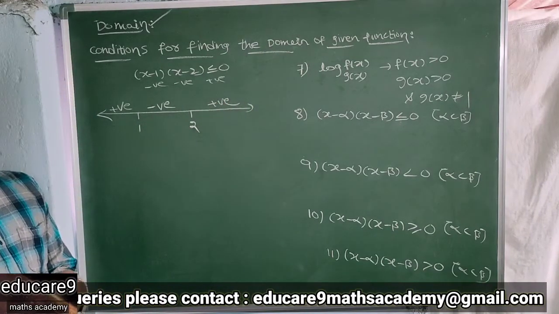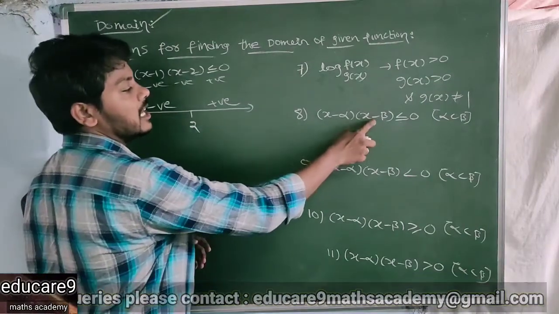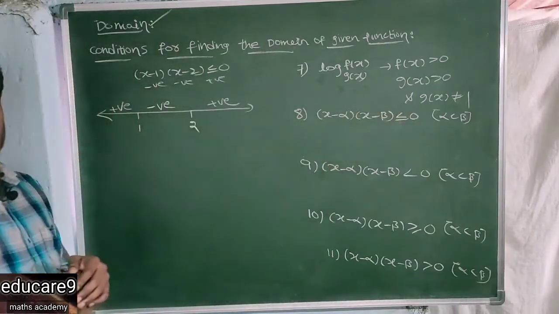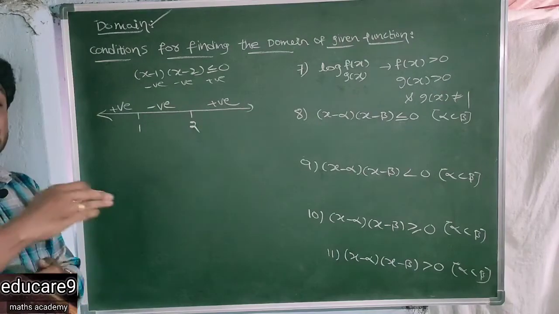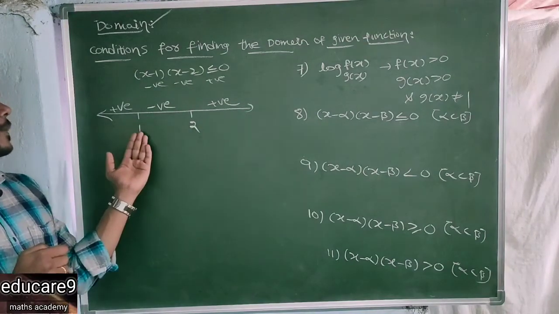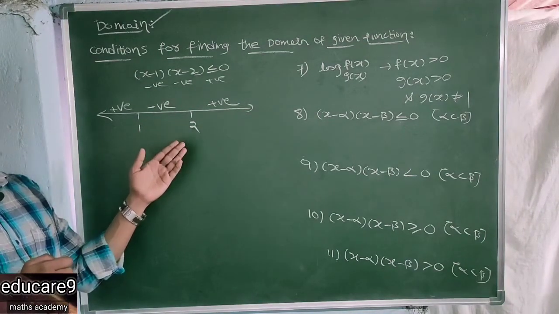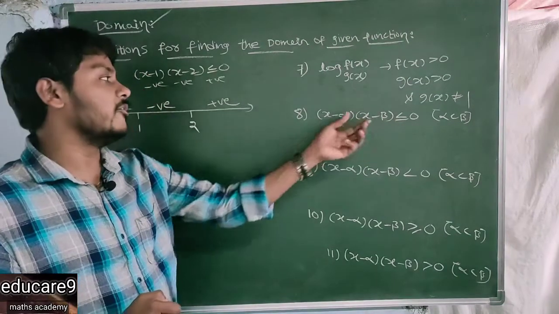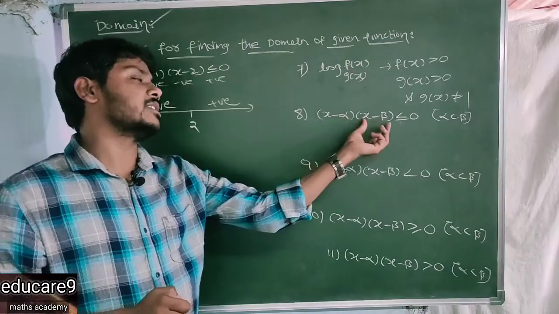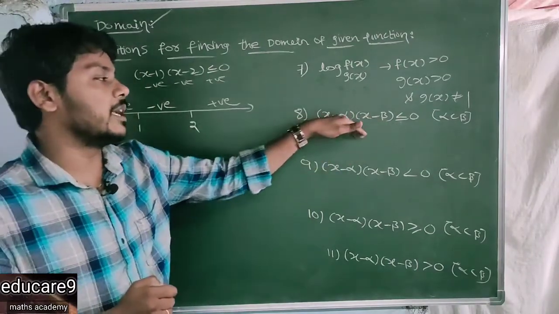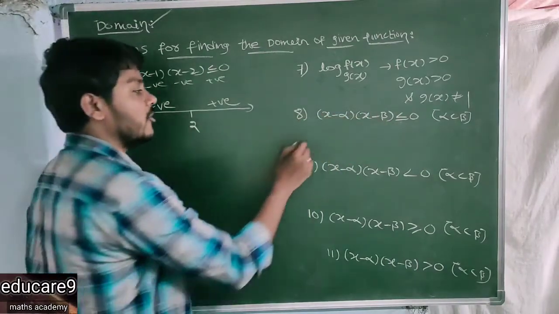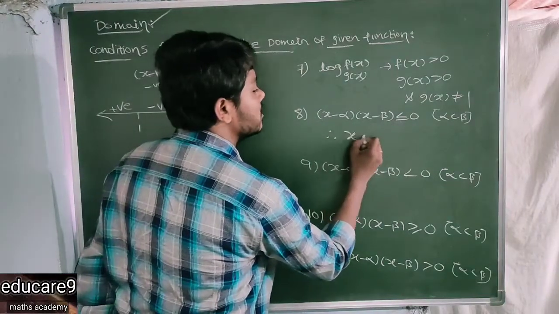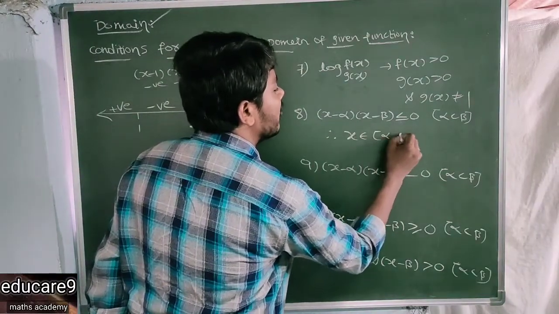See here, the first one, x minus alpha into x minus beta is less than or equal to 0. Where is it less than or equal to 0? Between 1 and 2 only the function values are less than 0. Equal to also holds: if x is equal to alpha or x is equal to beta, then it becomes 0. Therefore x belongs to the closed interval alpha comma beta.